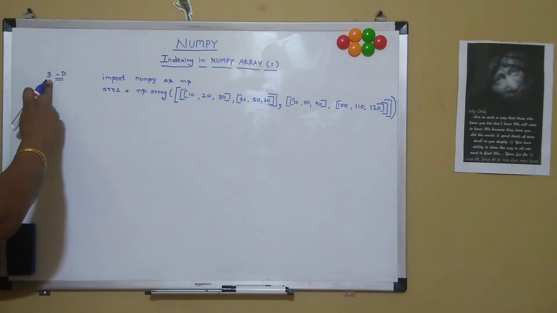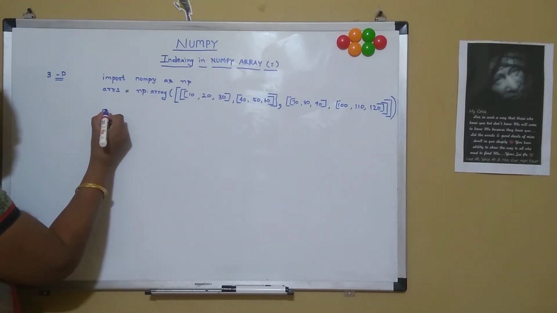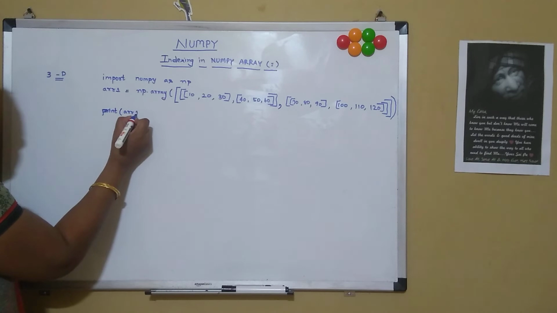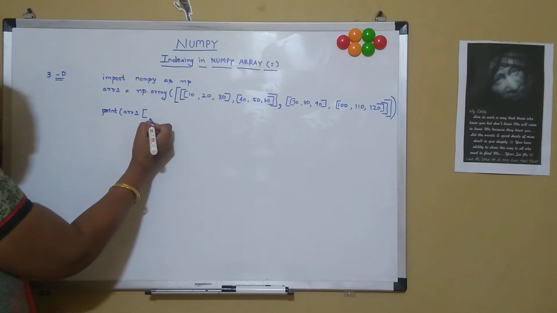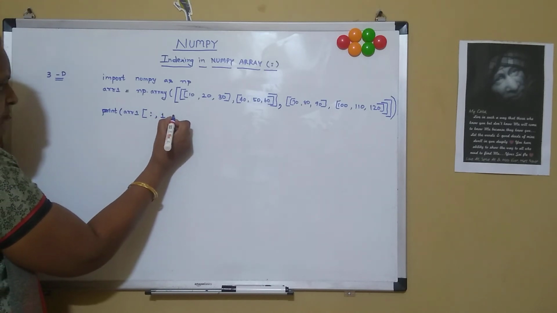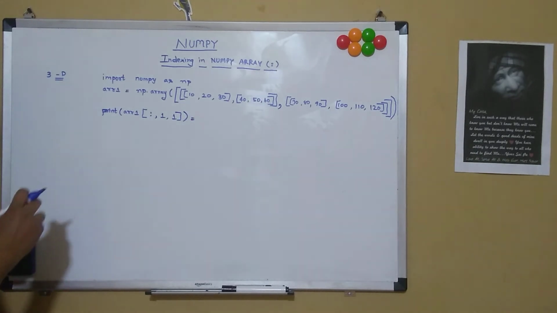Now for a 3D array, we have to specify 3 index values. So if I say print array1, if I give colon, comma 1, comma 1, what will get printed?